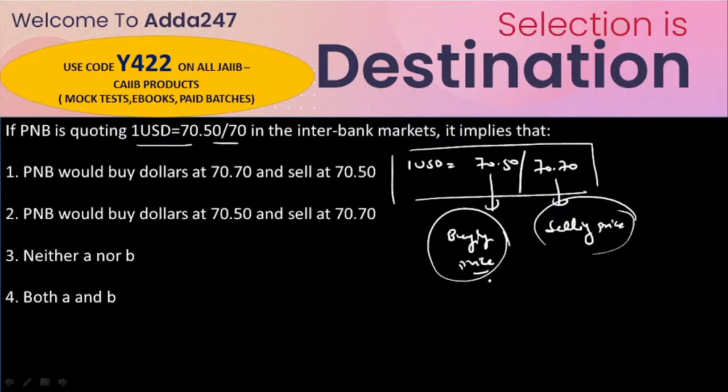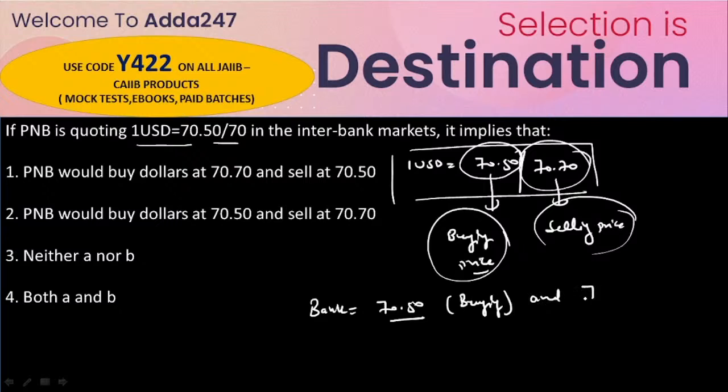Just opposite of that, if the question is like the customer sold in how many rupees, then for the customer this would be the selling price and this would be the buying price. So for the bank, 70.50 would be the buying price, and 70.70 would be the selling price.